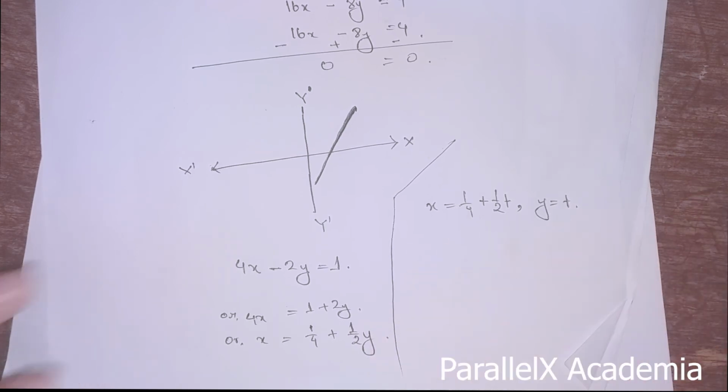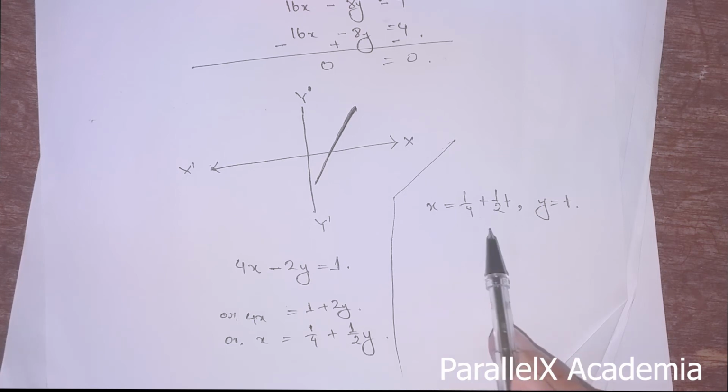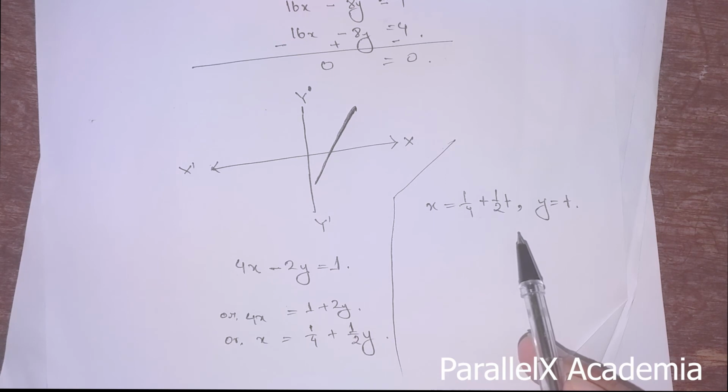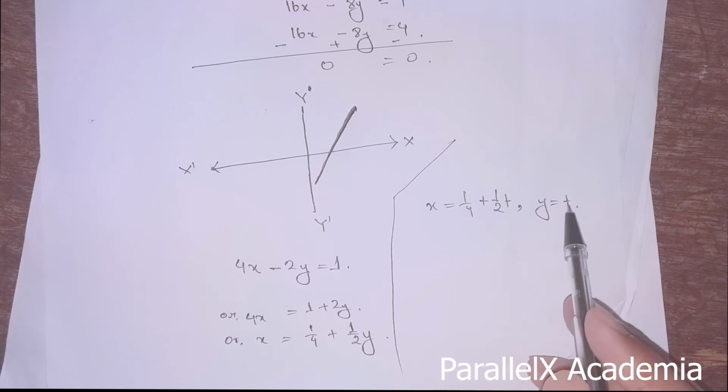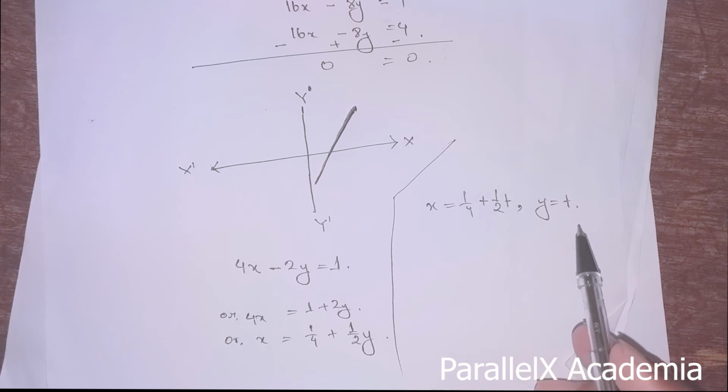Here we have two equations now. We can obtain specific numerical solutions from these two equations by substituting numerical values for the parameter t. So the value of t will determine the solution of x and y.